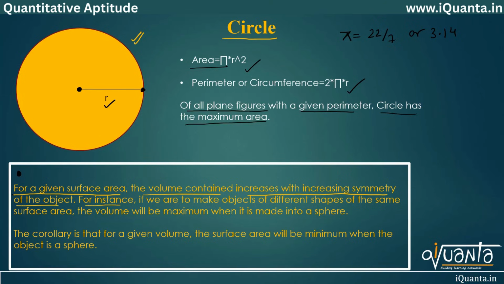For instance, if we are to make objects of different shapes of same surface area, the volume will be maximum when it is made into a sphere. So again we are talking about symmetry over here.